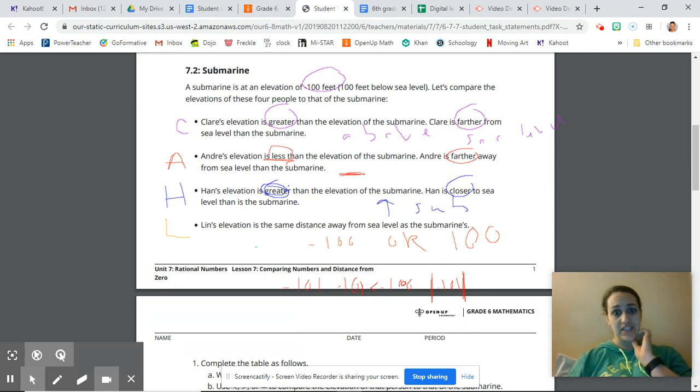Lots of possibilities for above, as long as we know he's closer to sea level. So he could be above sea level, but he can't be higher than 100 feet above sea level because then he'd be even further from zero, and we've got to keep him within that 100 range so that he's closer to sea level than that submarine.